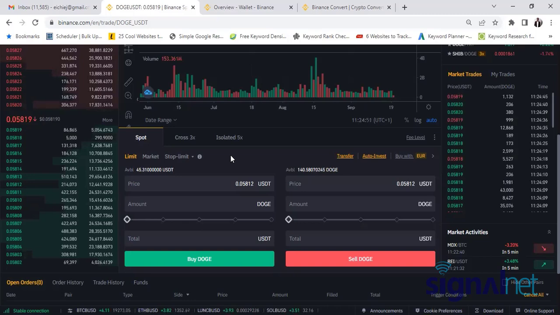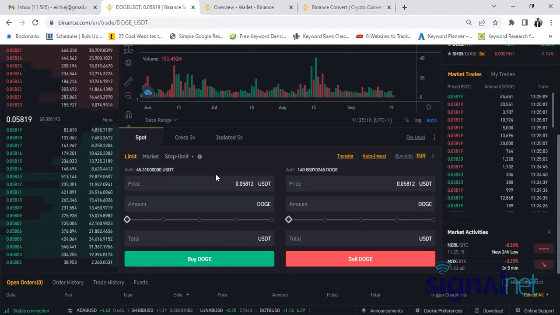What do I mean? For example, you are seeing this isolated, you can see times 5 there. You are seeing this cross, you can see times 3 there. I will explain those things shortly, so follow me step by step. So for the spot, there is what you call the limit. For the limit, what it does is this.